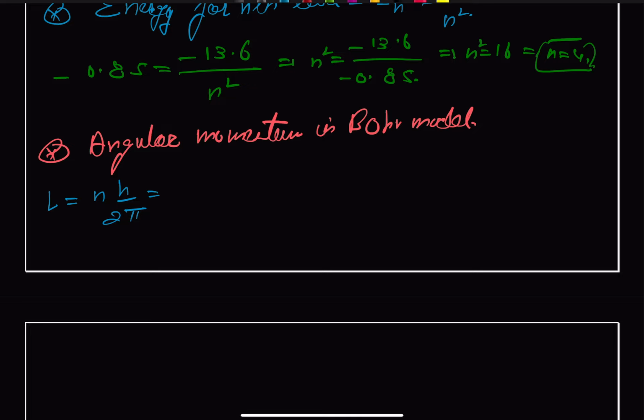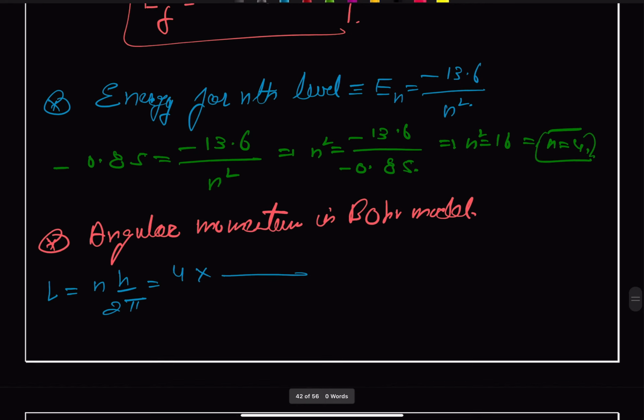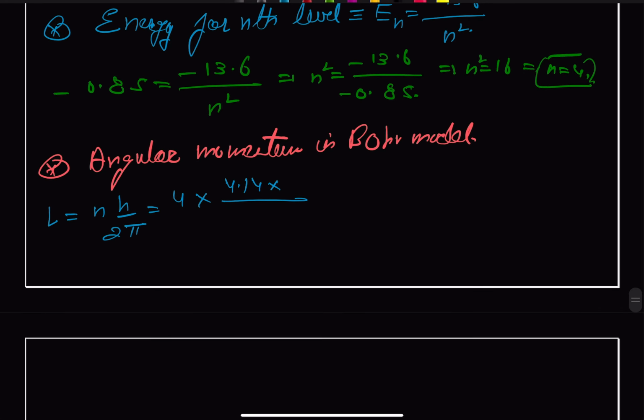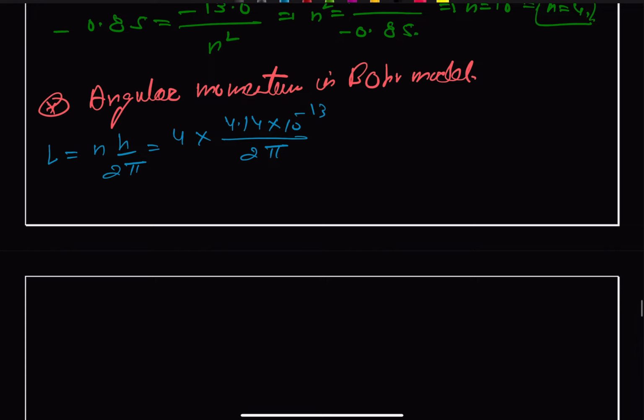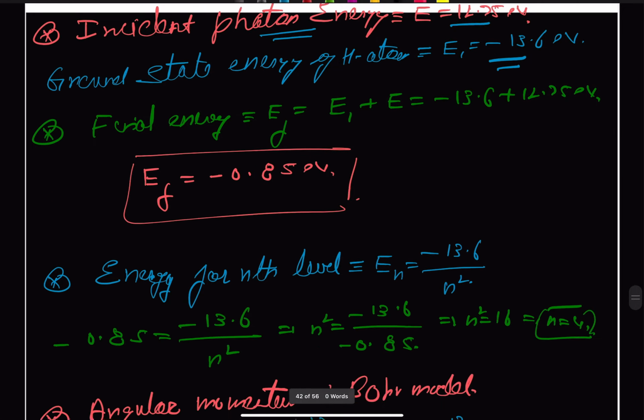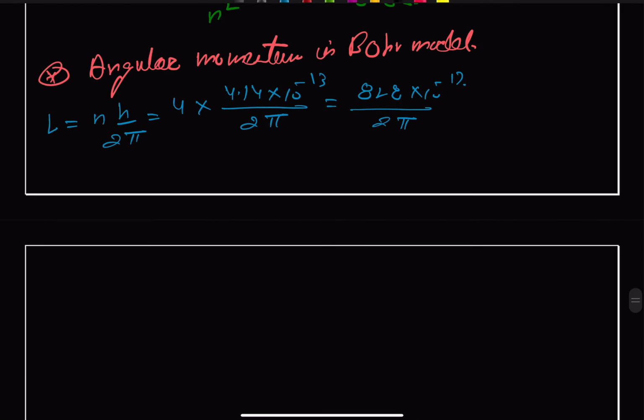N we already know is 4, so this becomes 4, and h is 4.14 into 10 to the power minus 13 upon 2π, and this comes as 8.8 into 10 to the power minus 17, and in the question it is given as x upon π. So we can write this is equal to x upon π into 10 to the power minus 17.